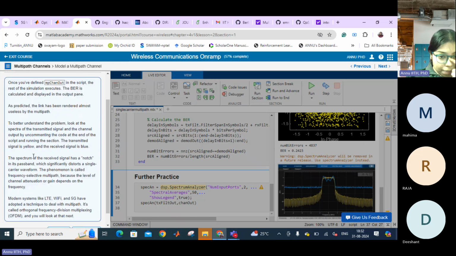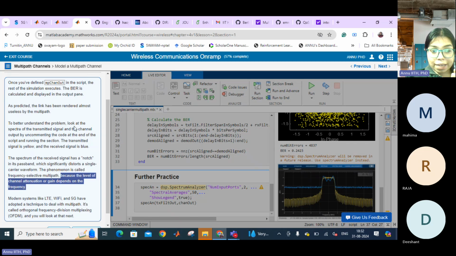The spectrum of the received signal has a notch in its passband, which significantly distorts the single carrier waveform. The phenomenon is called frequency selective multipath because the level of the channel attenuation or gain depends on the frequency. The transmitted signal is yellow and the received signal is blue.